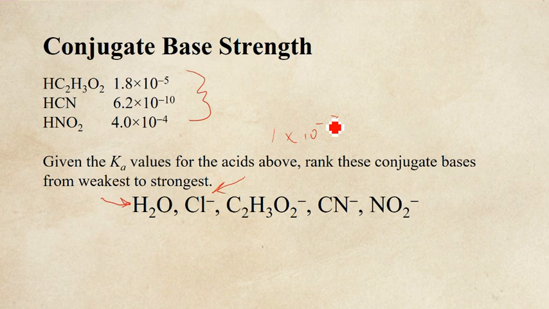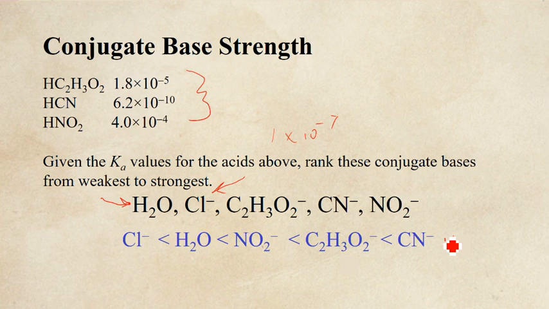So weakest conjugate base, chloride. Oh, I'd hoped to give that to you sequentially, but that's okay. Chloride is the weakest conjugate base because it comes from a strong acid.